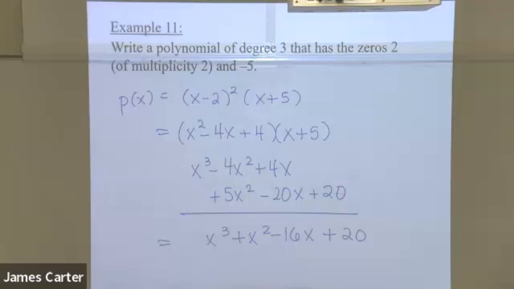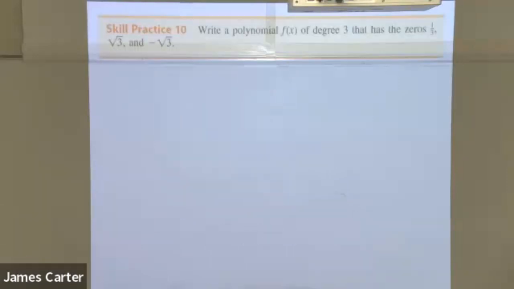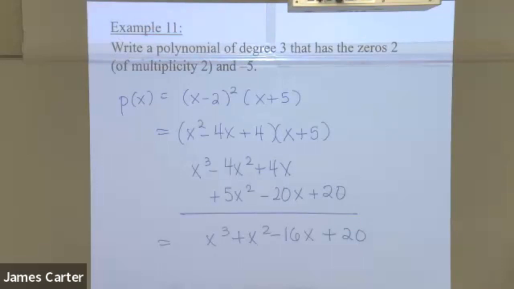Anyone not ready for me to go on? So instead of doing -5, you do the opposite sign? Yeah, when we go to factors, it's always the opposite.